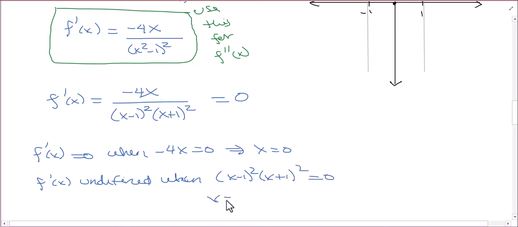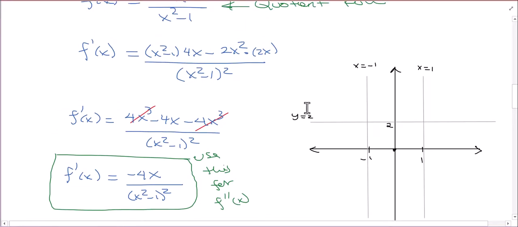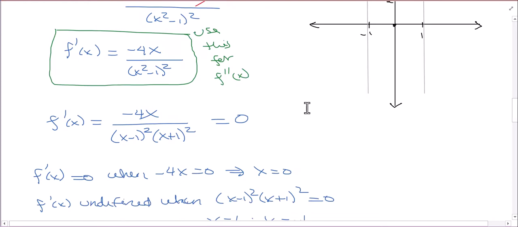So that means when x is 1 and x is -1, which we could have already seen from our domain. So we should have expected 1 and -1 to show up as critical numbers.